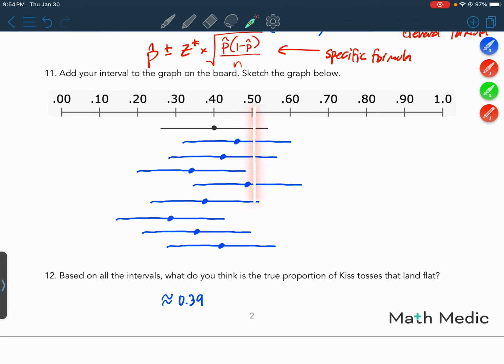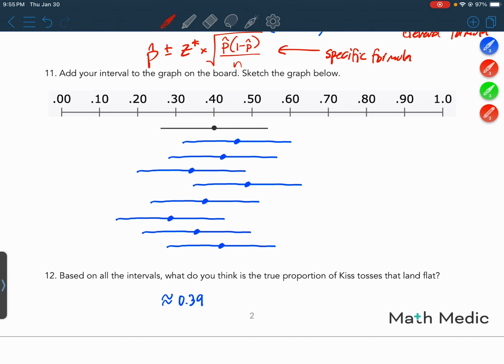Same thing, 50% is only supported by some of the confidence intervals. So our best guess should be a value that is supported by all the intervals. So like 40% would work, 39% would work, maybe even 38 or 41. Anything in that neighborhood would seem like a reasonable value. But here's the thing.